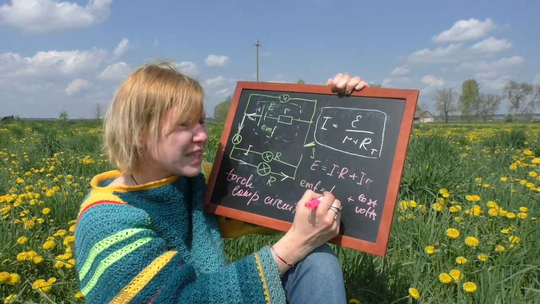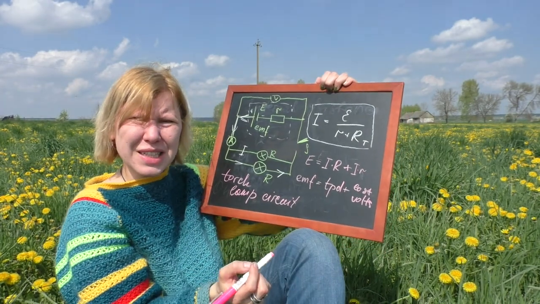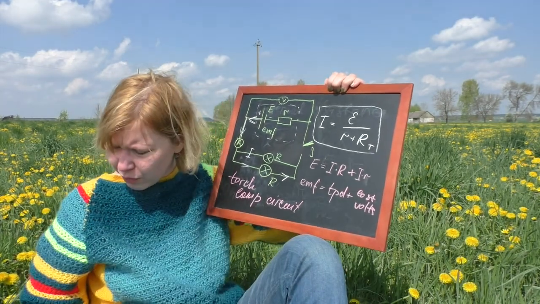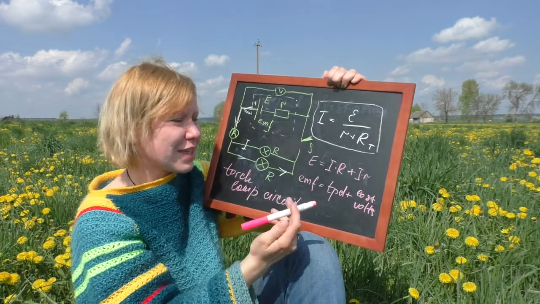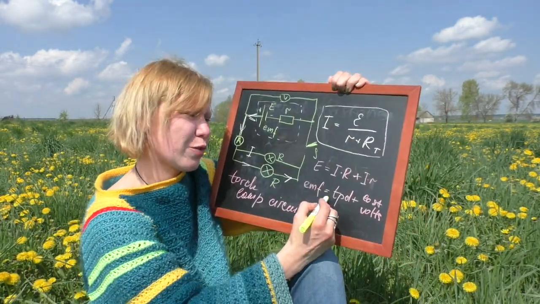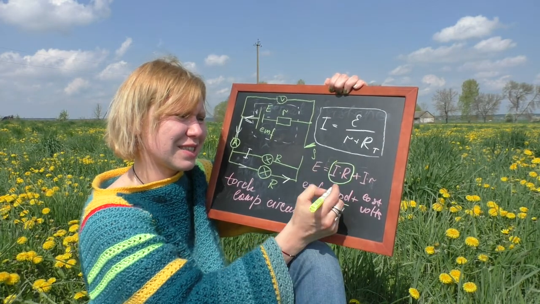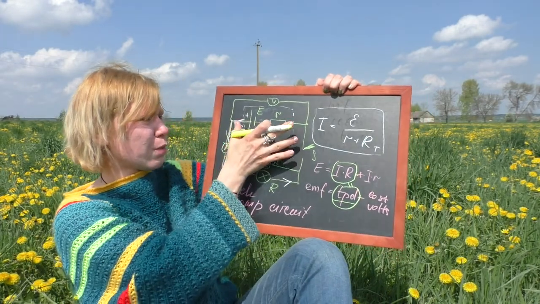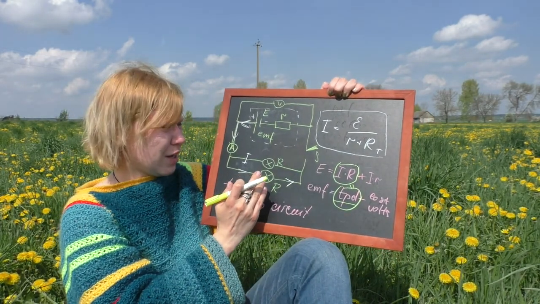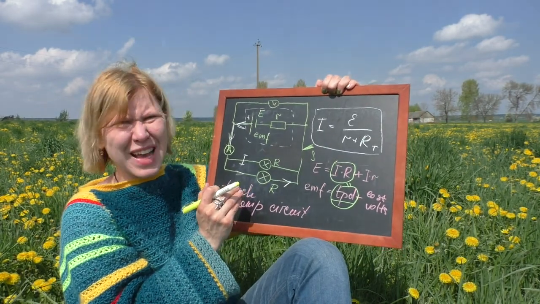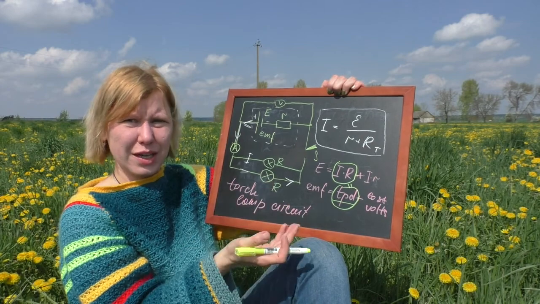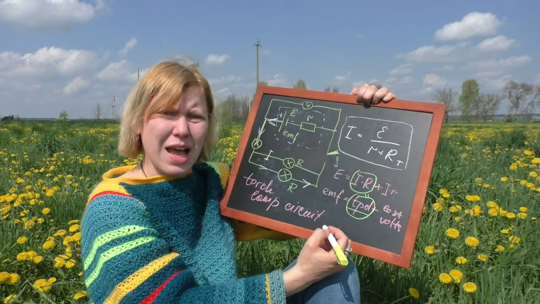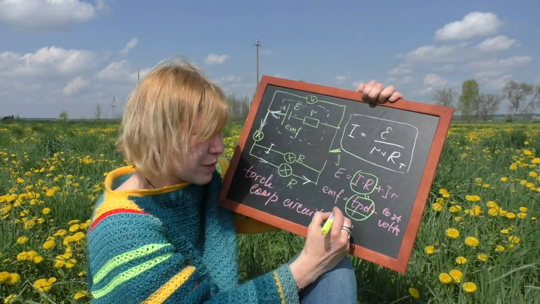Lost volts. And we have this part, and it also has its name. Its name is TPD. TPD means terminal potential difference. Yeah, sure. So this is TPD. It's exactly the voltage that comes into the torch lamps, and it's the real voltage that does the job of making light, for example, in our case.